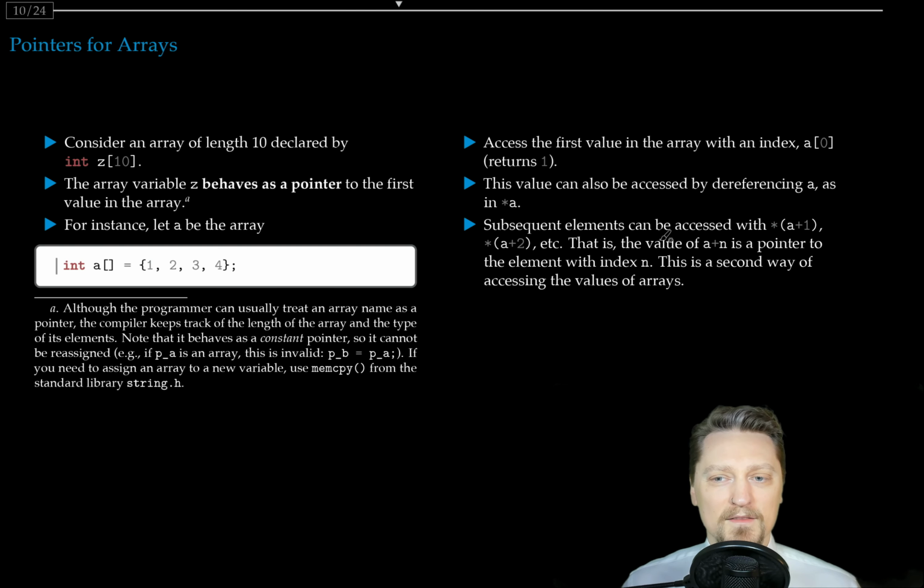Subsequent elements can also be accessed with dereferencing. So we can dereference A plus 1, we can dereference A plus 2, etc. That is, the value of A plus n is a pointer to the element with index n. This is a second way of accessing the values of arrays. So you can either use the bracket notation, or you can dereference pointers.